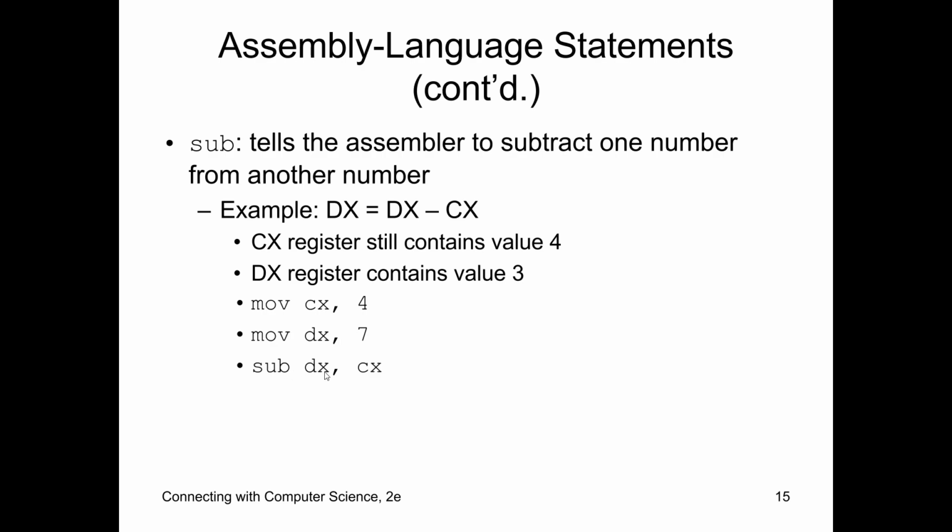When we subtract CX from DX, because remember it's the right side from the left, DX is going to have 3, but CX is still going to have the value of 4. So that value is still here in the register. That's an important thing to remember: you're really modifying the DX register and the value there. And again, it's a little bit different because you're subtracting this value from this value.